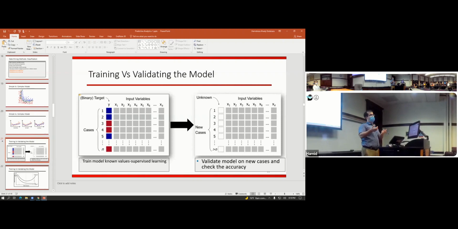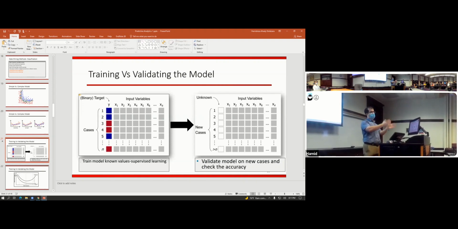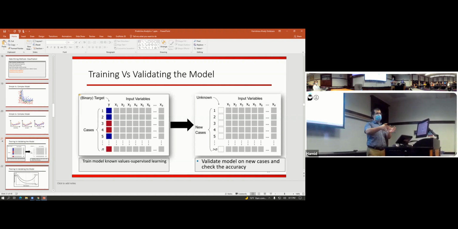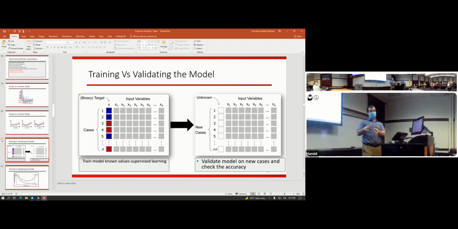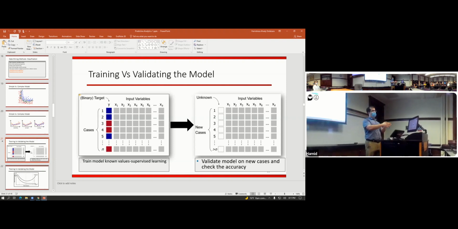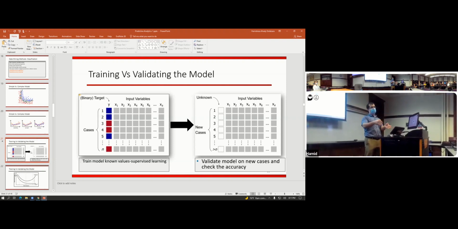If it's good in both, you suspect less that you have overfitting, because you randomly divided your historical data into training and validation sets. Then we introduce new data, which we call the test set. So historical data is divided into 2 sections, training and validation.